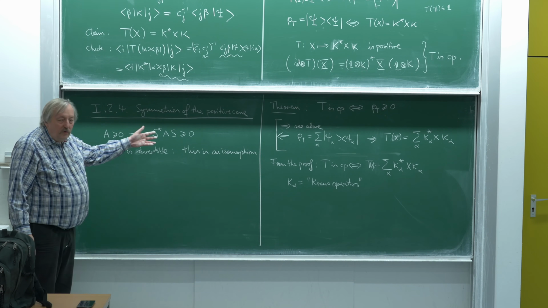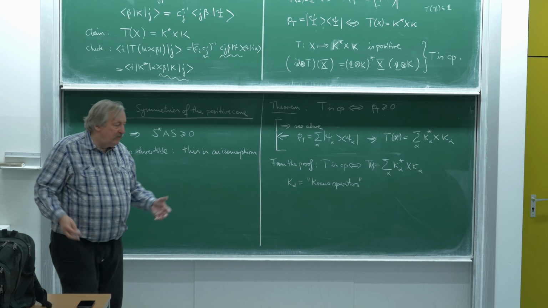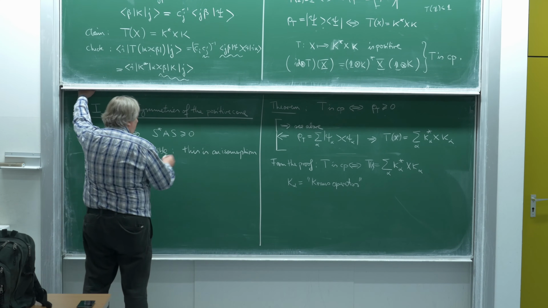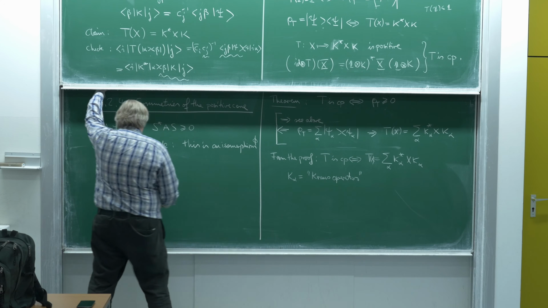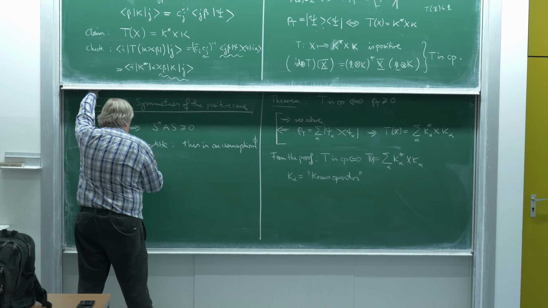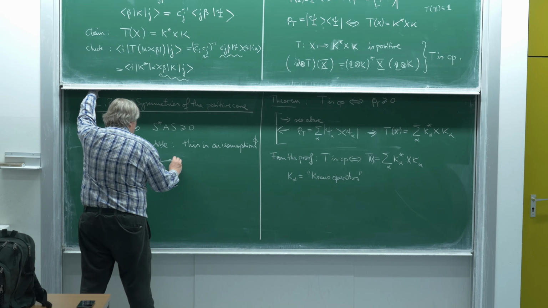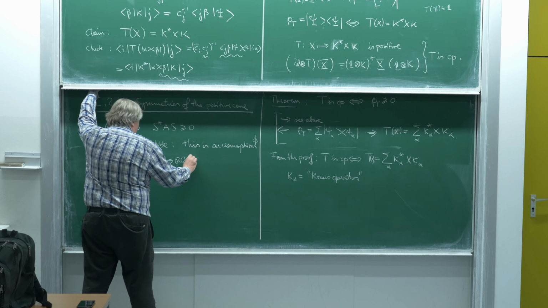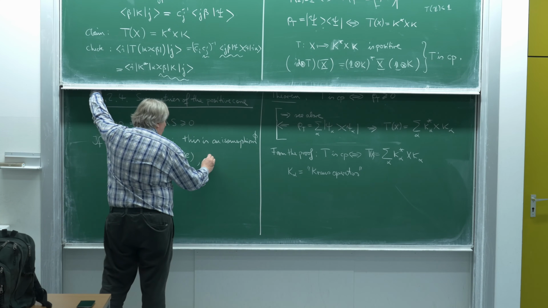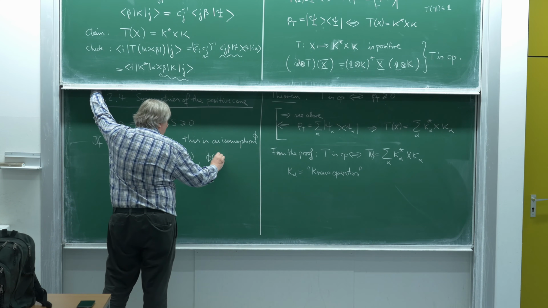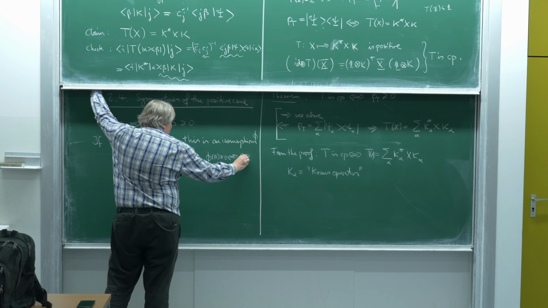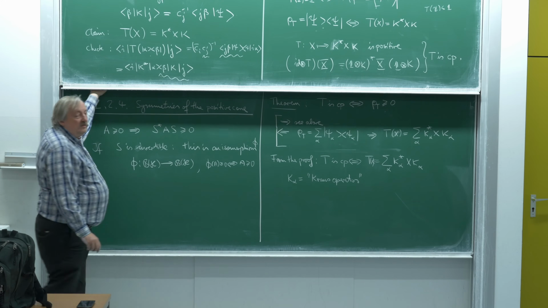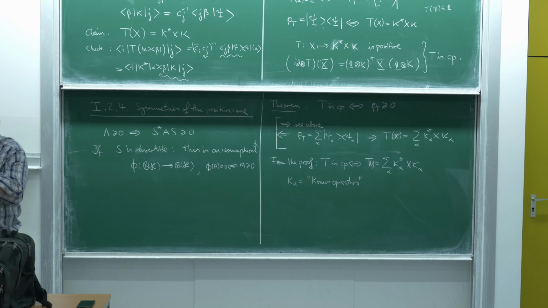So an isomorphism, it's a linear operator. Let's call this phi. So phi is an operator from B of H to B of H. And you have a property that phi of A is positive if and only if A is positive. So that's what you call an order isomorphism.